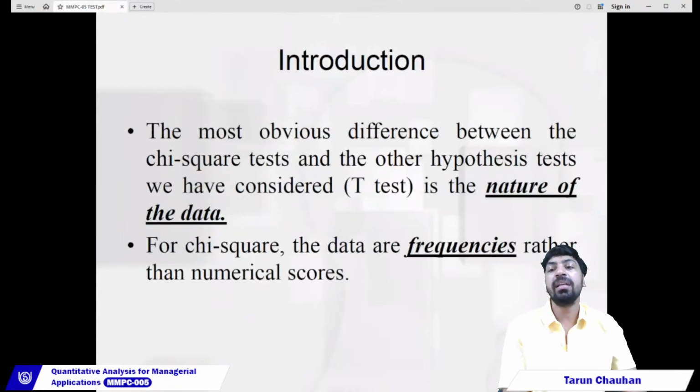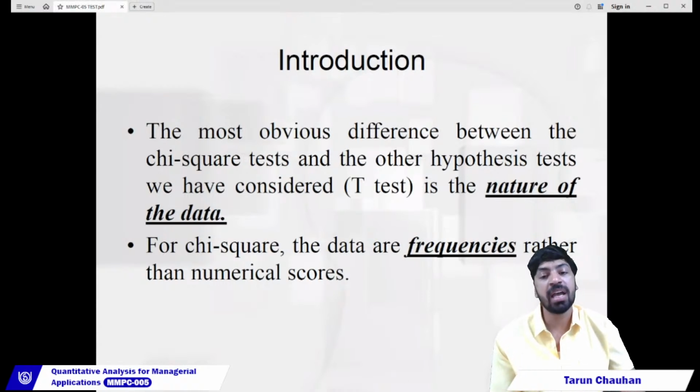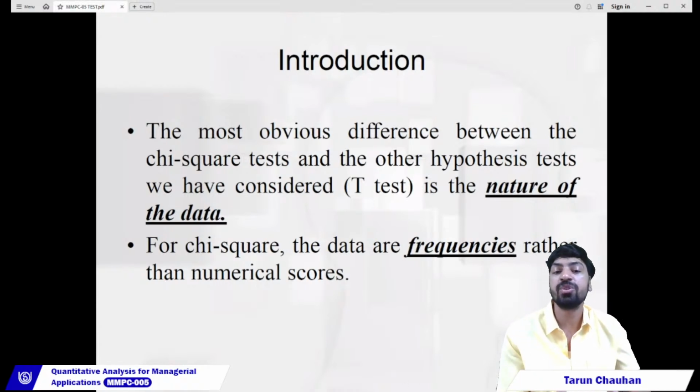So let's begin the classification of the chi-square test. The main difference between the chi-square test and the other hypothesis tests like the t-test is the nature of the data. For a chi-square distribution, the data are mainly frequencies rather than numerical scores, which are classified into class intervals or continuous data.